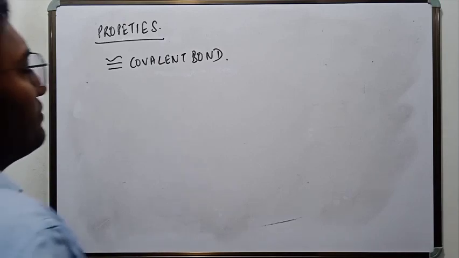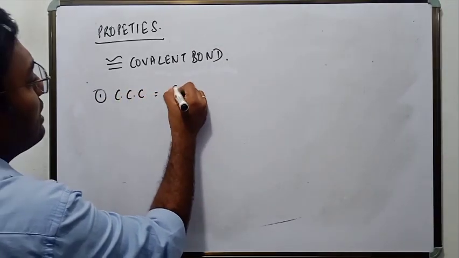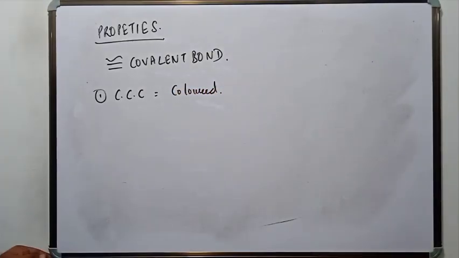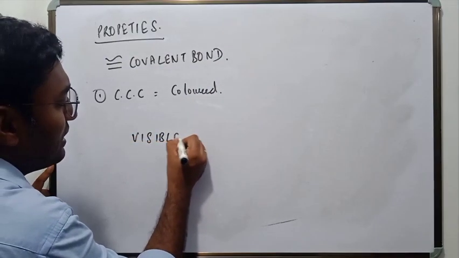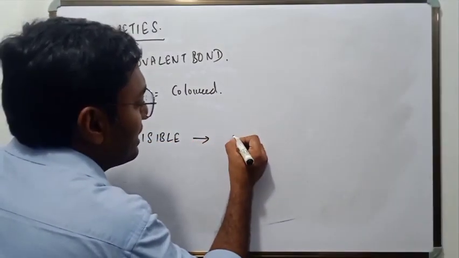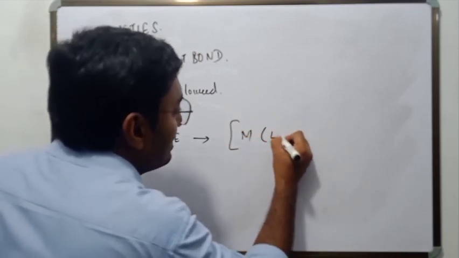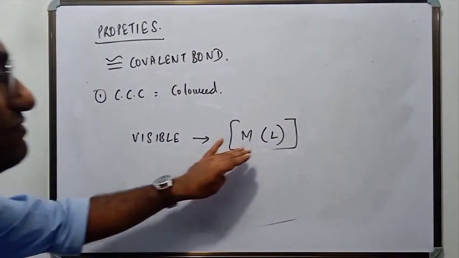Number one is that coordinate covalent compounds are colored. That is when visible light passes through the central metal ion in the complex form. Otherwise, an individual metal ion won't show any color.